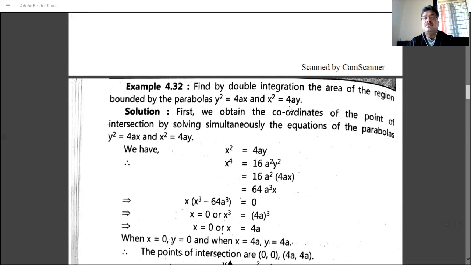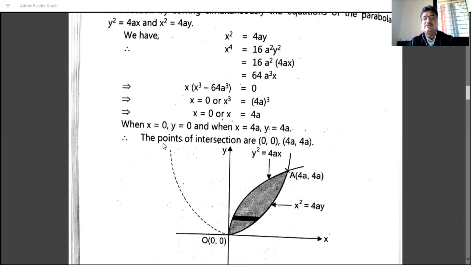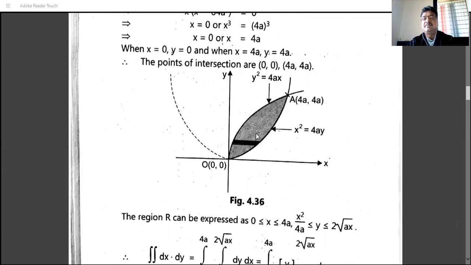And x square is equal to 4ay means the parabola around the y-axis. So this is the parabola around the y-axis, and its equation is x square is equal to 4ay, and this is the area bounded by these two parabolas.